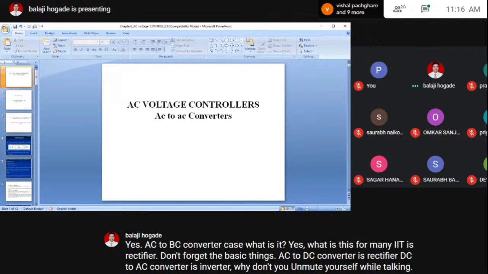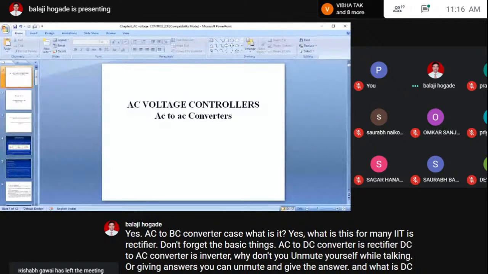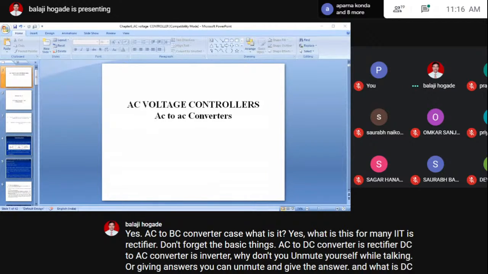What is a DC to AC converter? Inverter, yes. Okay. It is an inverter.